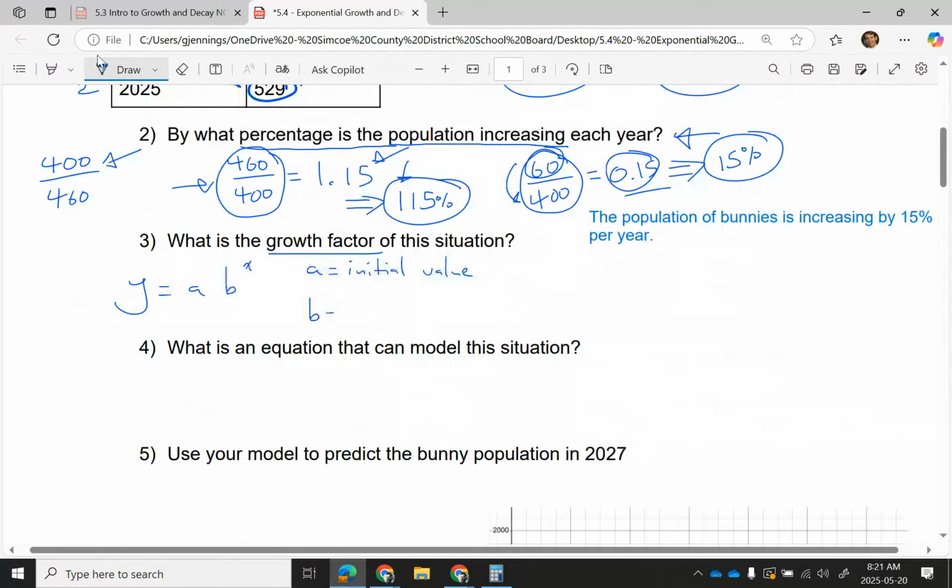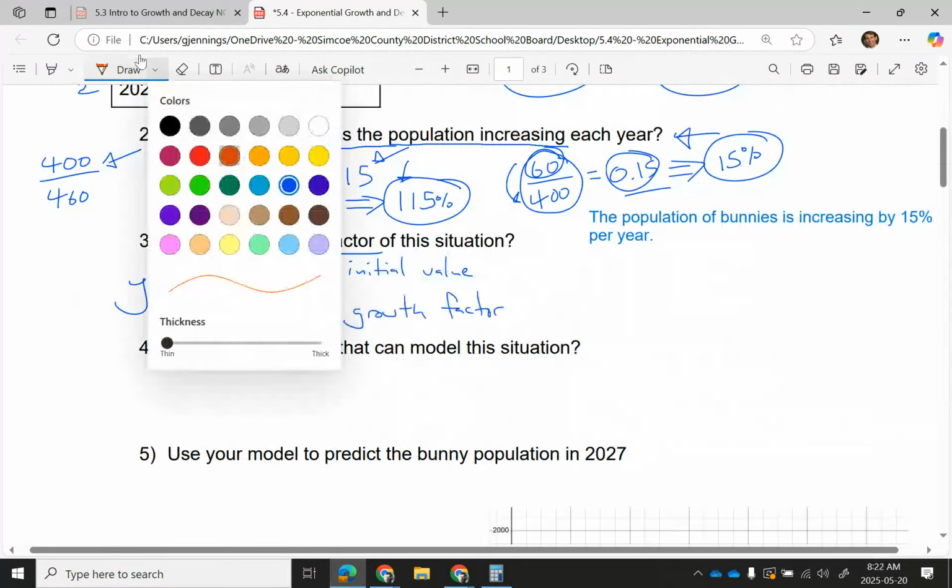Here is the mini formula that you can always use to calculate b. b is equal to 1 plus the percentage increase or decrease.